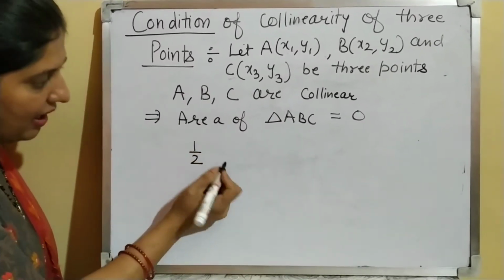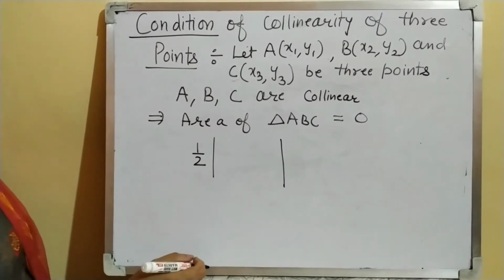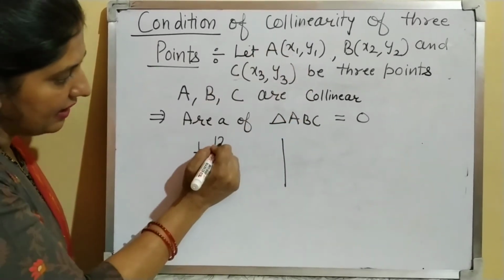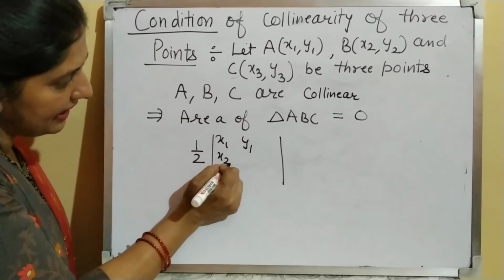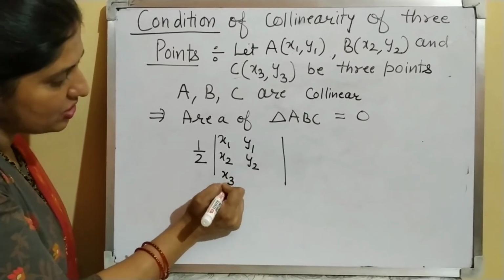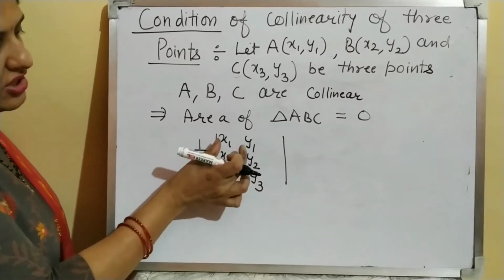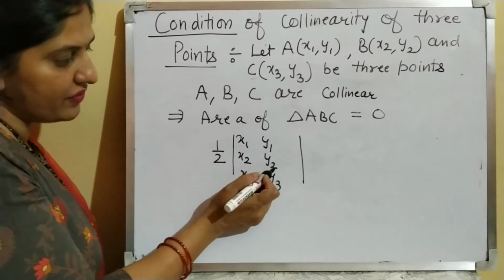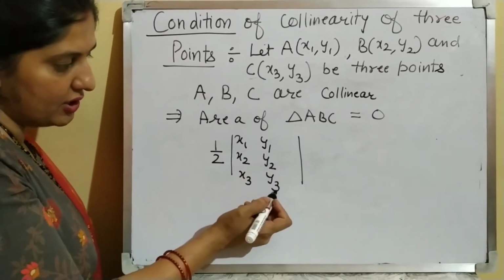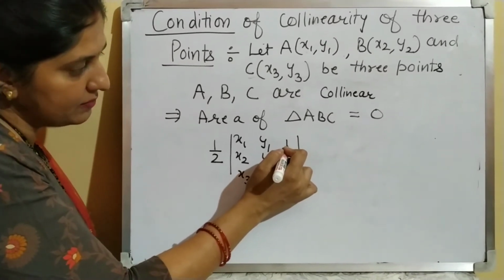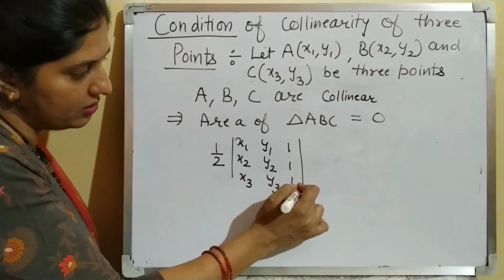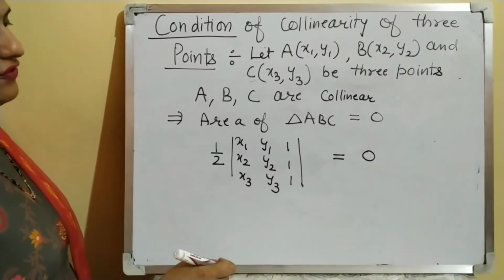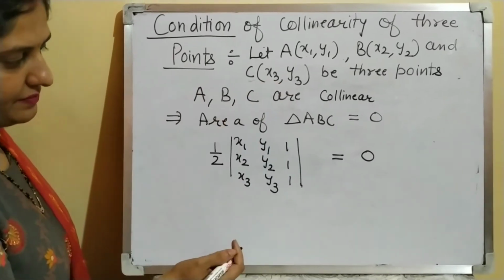We have half into the value of the determinant with entries x1, y1, x2, y2, x3, y3. Just write down the coordinates of the first point, the second point, and the third point, and the third column is 1, 1, 1. Area of triangle is equal to 0 if 3 points are collinear.